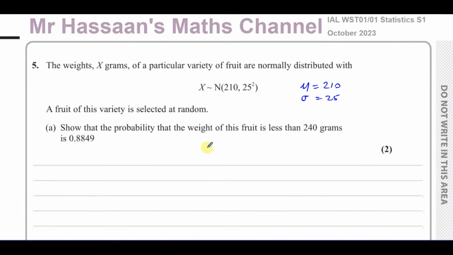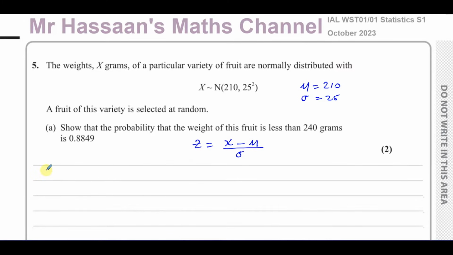Basically, we're trying to find how many standard deviations above or below the mean this score is, and it's given by Z. Z stands for the standardized score, which is equal to the actual score, which we call X, minus the mean, divided by the standard deviation.